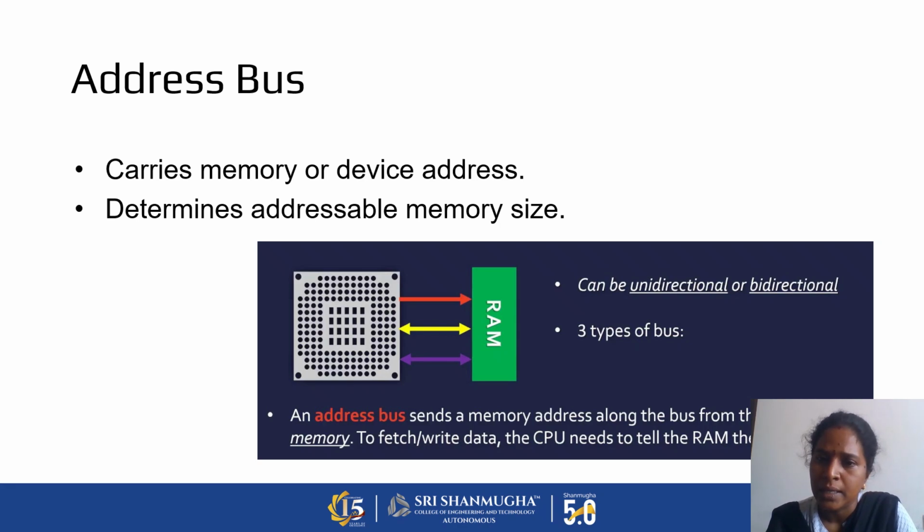Generally, these types of buses can be unidirectional or bidirectional to communicate between the transmitter part and the receiver part. The address bus sends the memory address along the bus, so it can easily communicate between the sender and receiver part.